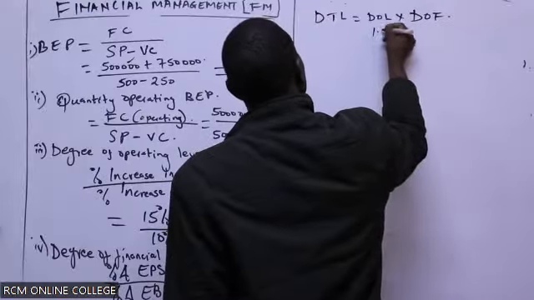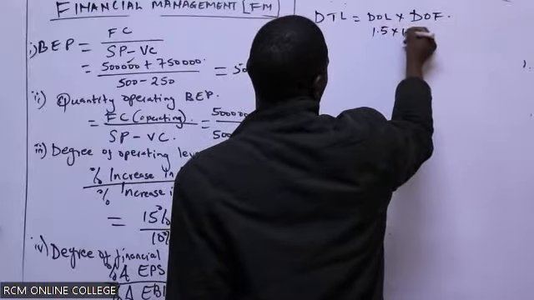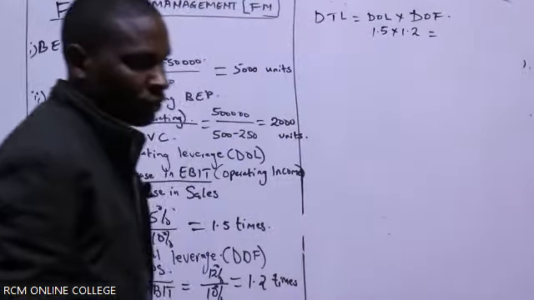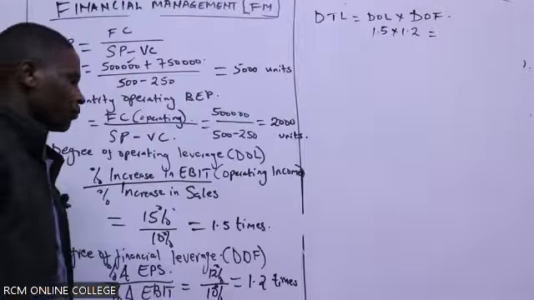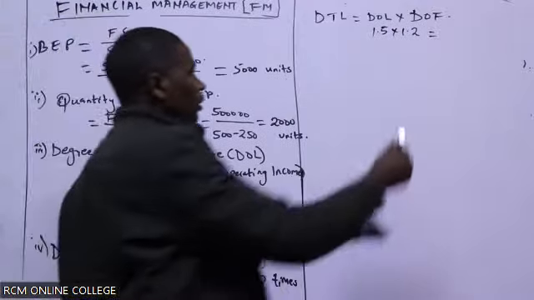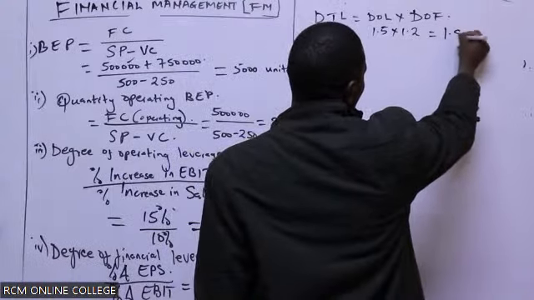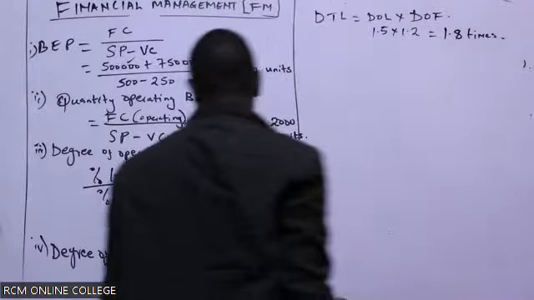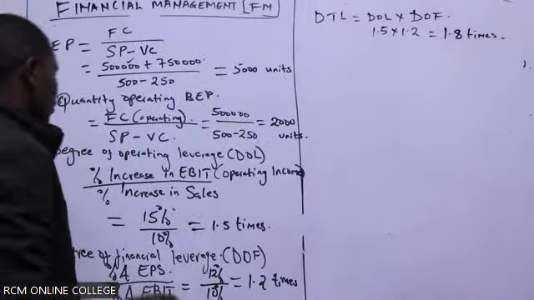So it is 1.5 times 1.2, which is 1.8 times. So the major thing here, class, is for you to just know the formula.